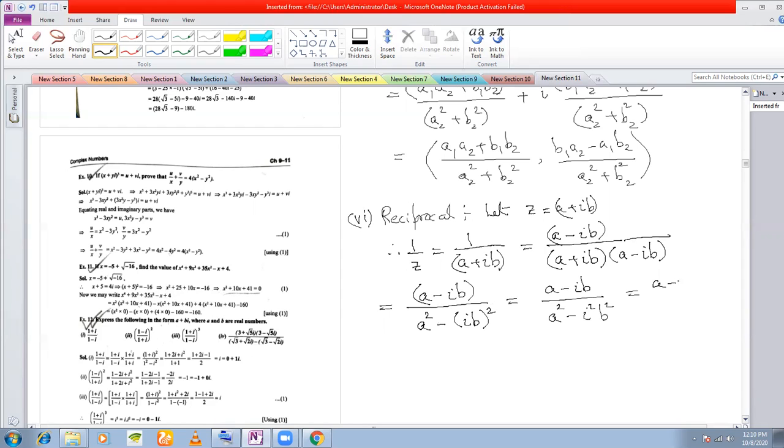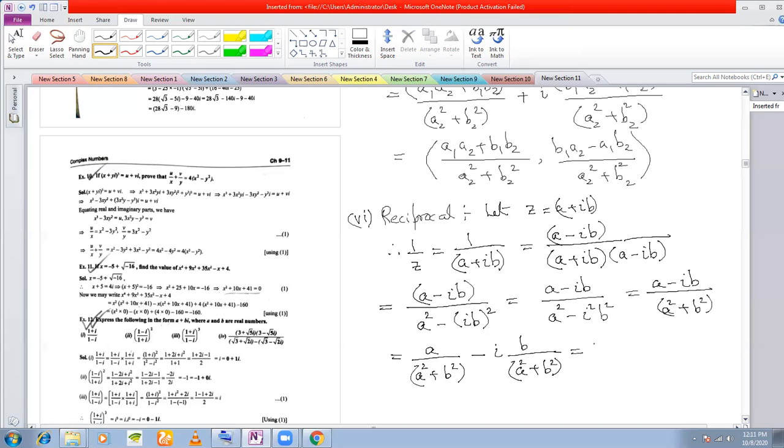So it will be a minus ib divided by a square plus b square, which is equal to a by a square plus b square minus i times b by a square plus b square. So this is what your reciprocal of the complex number is.